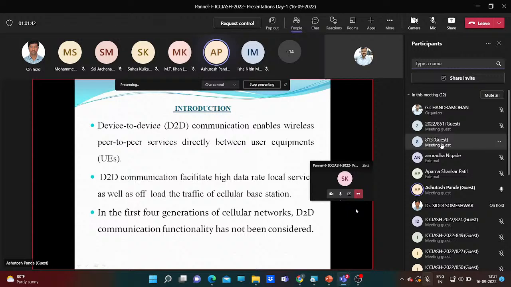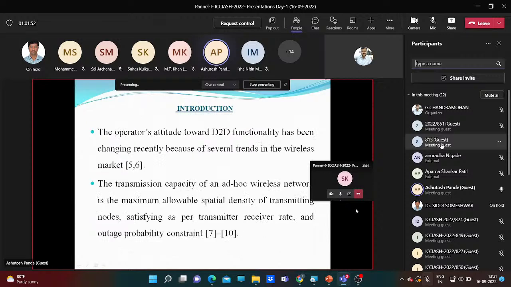In the first 4 generations of cellular communication network, device-to-device communication functionality has not been considered. This is largely because it has mainly been envisioned as a tool to reduce the cost of local service provision, which used to be fractionalized in the past based on the cellular operation market statistics.